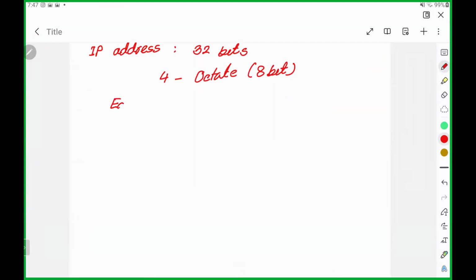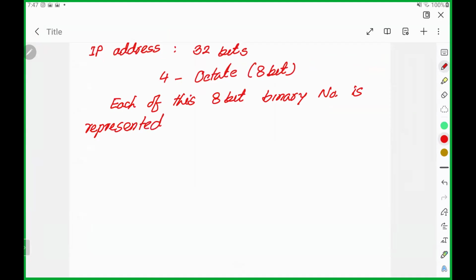Each of these 8-bit binary numbers is represented by a decimal number.